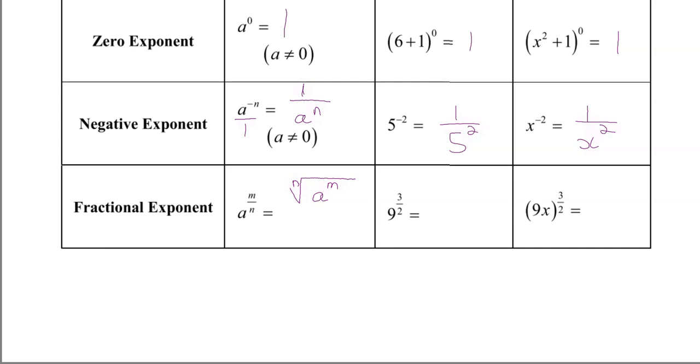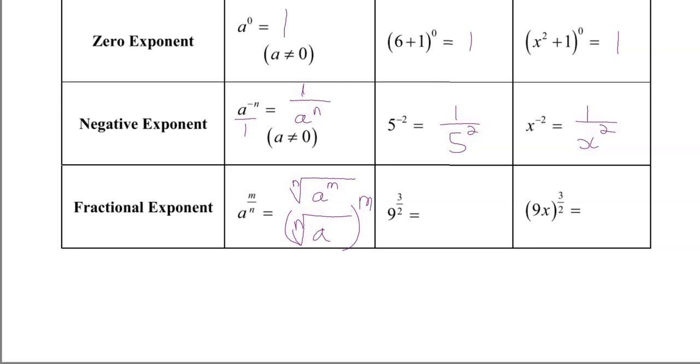Another way to say this, especially when we're dealing with a number, is instead of taking the power first and then taking the root, we can take the root and then raise it to the power. So using a calculator, if you're using a calculator on this, it doesn't really matter what you do, right?